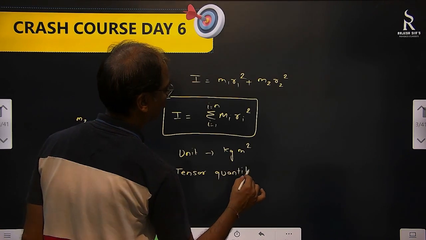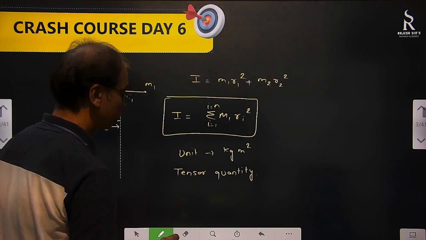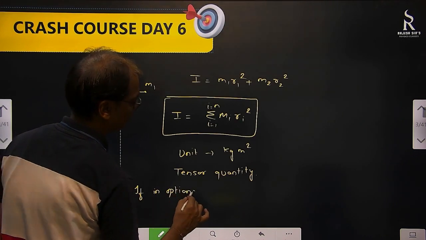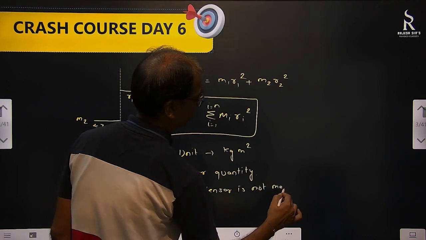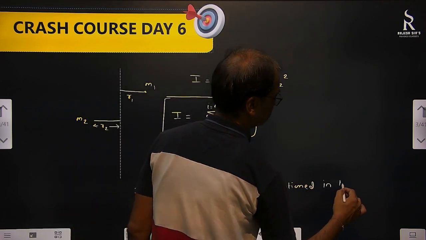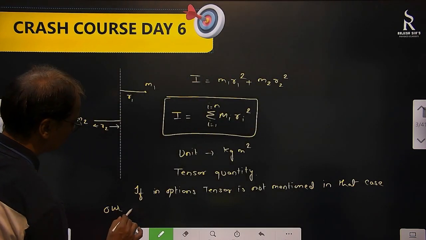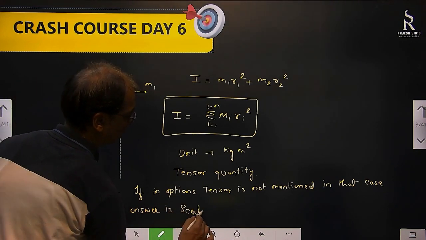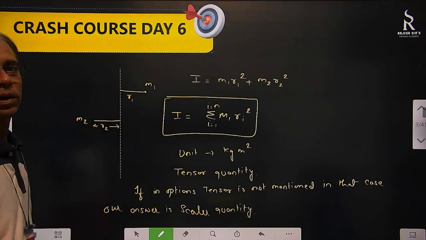But if the question comes and tensor is not mentioned in the options, then our answer is scalar quantity.